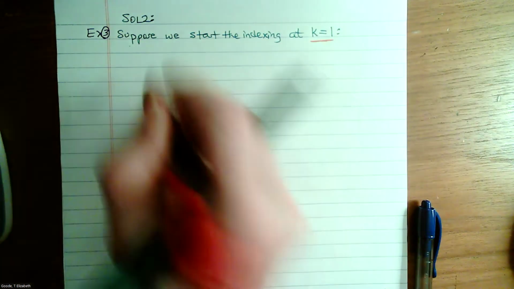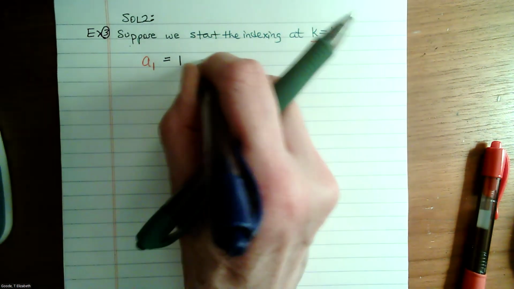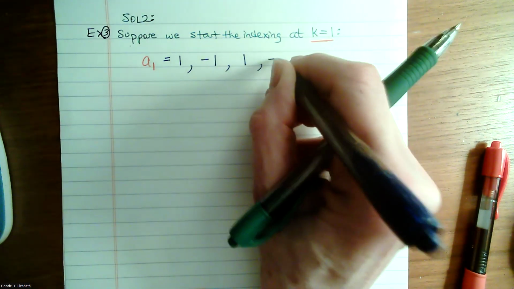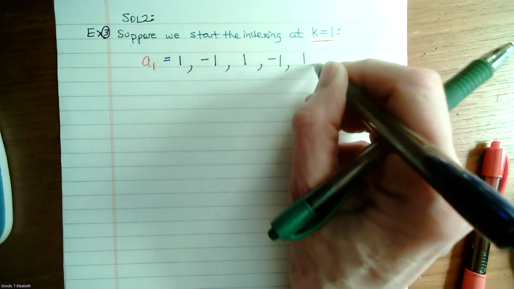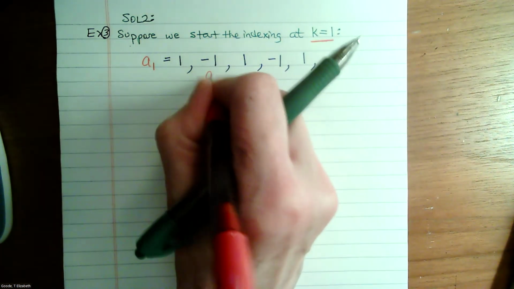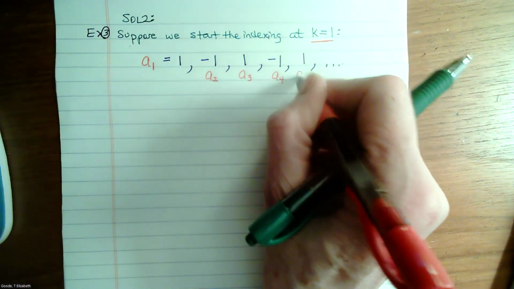So in other words, a sub 1 is the number positive 1, and then the negative 1 will be a sub 2, 1 will be a sub 3, negative 1 will be a sub 4, 1 will be a sub 5. Let's go ahead and write these. So this is a sub 2, this is a sub 3, this is a sub 4, this is a sub 5.